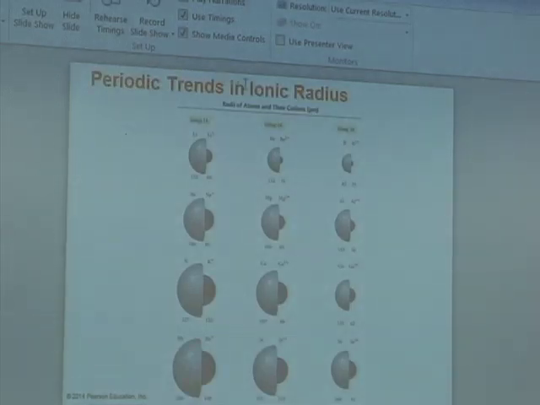But the trend, of course, group 1, and you see how the cations with respect to group 1A, group 2A, group 3A, just like we said, as we go from left to right, they decrease.